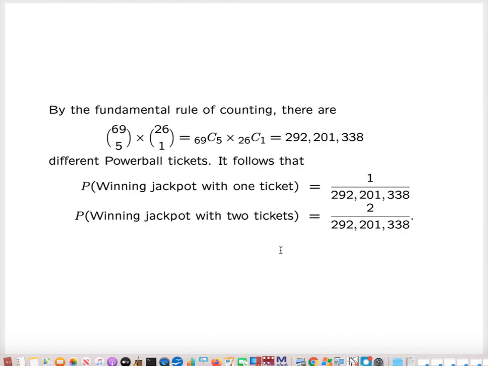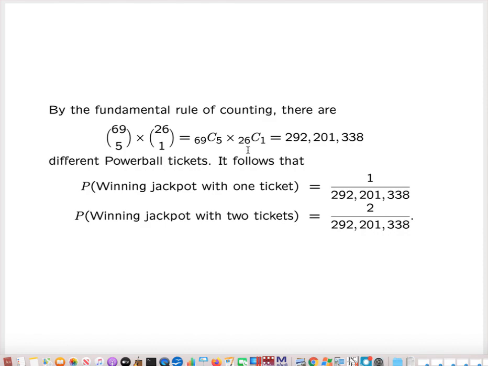And so by the fundamental rule of counting, the total number of different Powerball tickets is equal to the product of these 2 numbers, 69 choose 5 times 26 choose 1, and that turns out to be 292,201,338. All right? So if you buy 1 ticket, what is the probability that you win? Well, there's only one way to win.